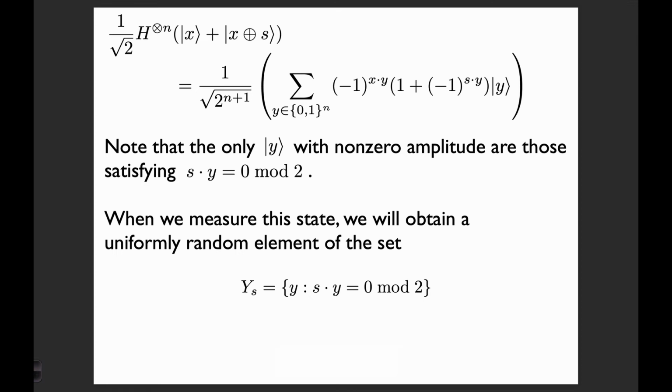And if we just repeat this process n many times, then we can learn s. In fact, that's the case, but it does require a little bit of argument. So I'm going to go through that argument now. Let y sub s be the set of all y's such that s dot y equals 0 mod 2. Again, when we measure this state, we're just going to get a random element of y sub s.